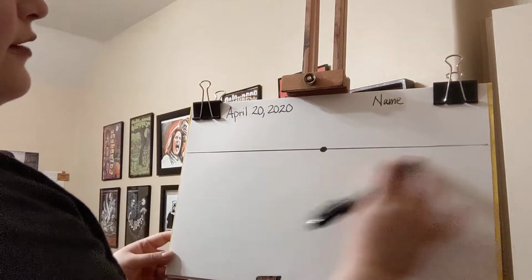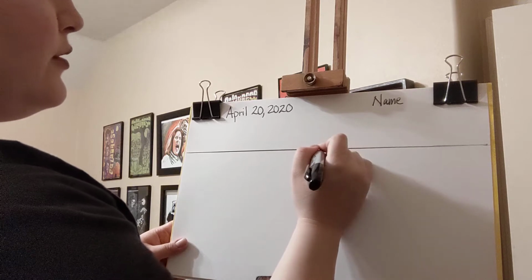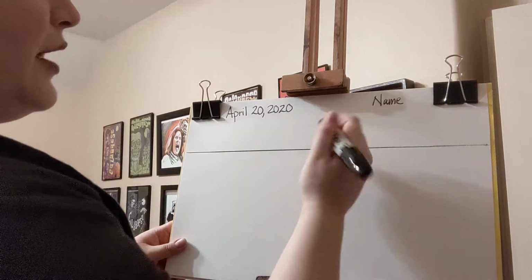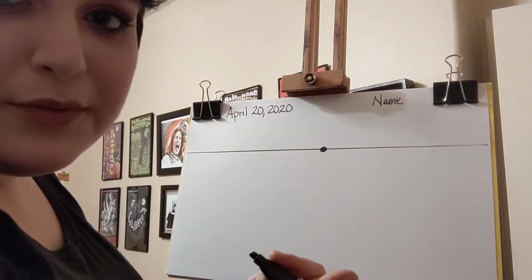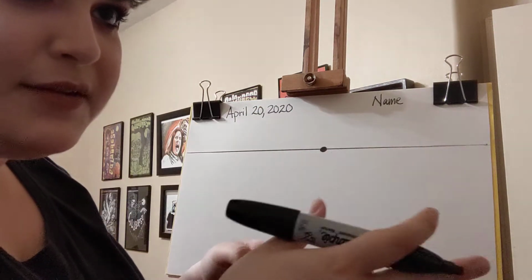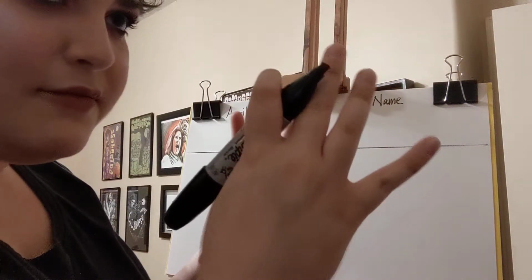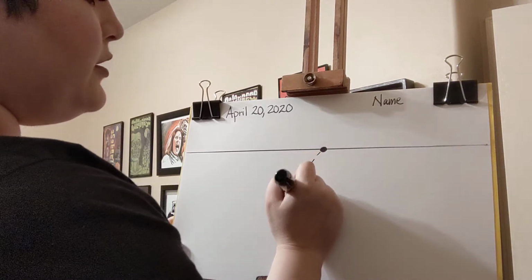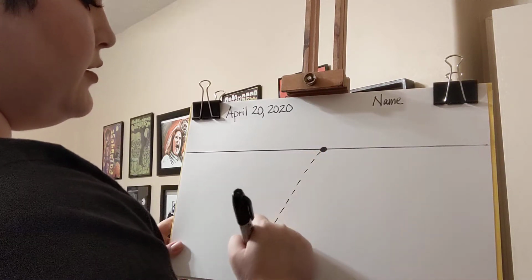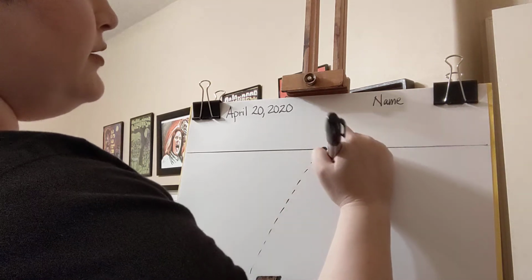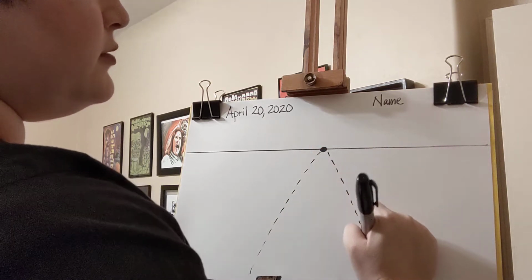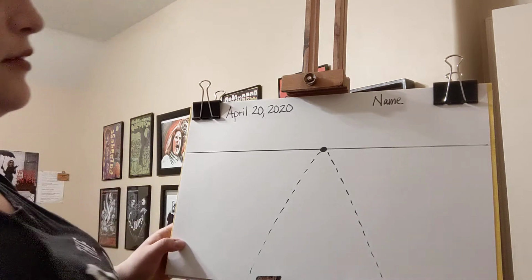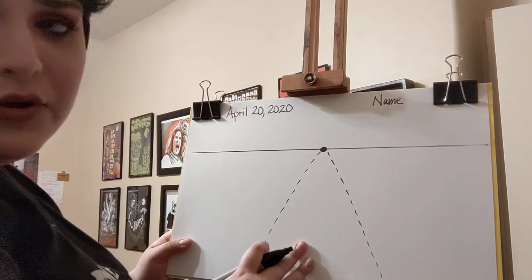So now that you have this, next we're going to do this little pattern here, and this is what's going to help you really get that one-point perspective visual in your drawings. So we're just going to do little dash marks here, and this is just to remind you guys, and you can include this in your drawing too.